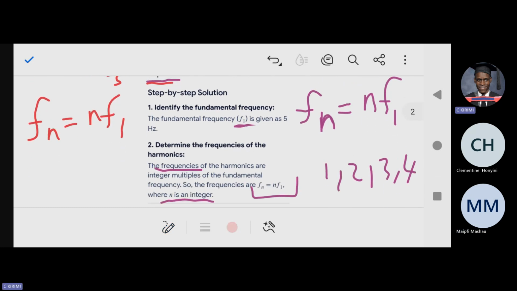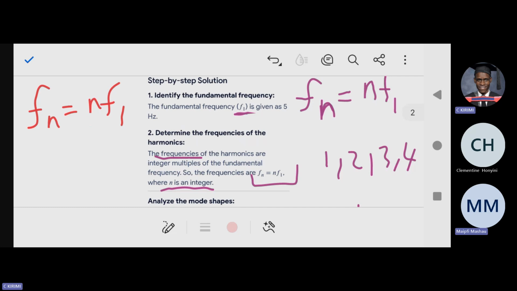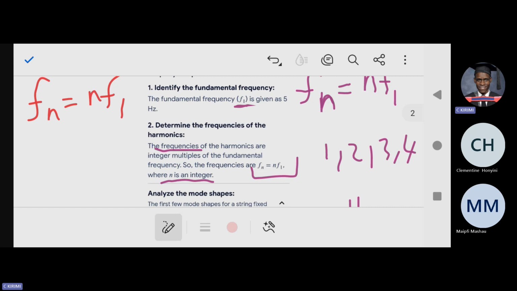Then you introduce the formula for the frequency at any mode, which is Fn equals n, the integer, multiplied by the fundamental frequency.